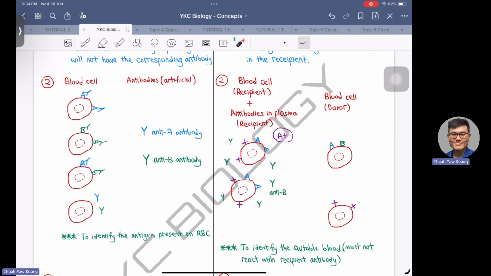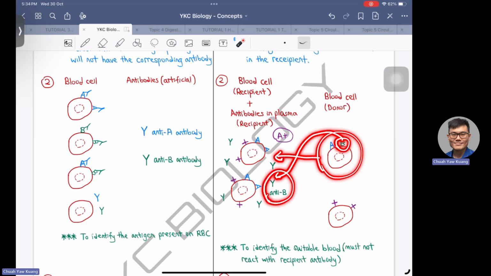And in this case, if you give the AB negative blood to this recipient, this B antigen is going to agglutinate with the anti-B antibody. So this is going to cause a transfusion reaction, and that also means that this blood cannot be transfused.